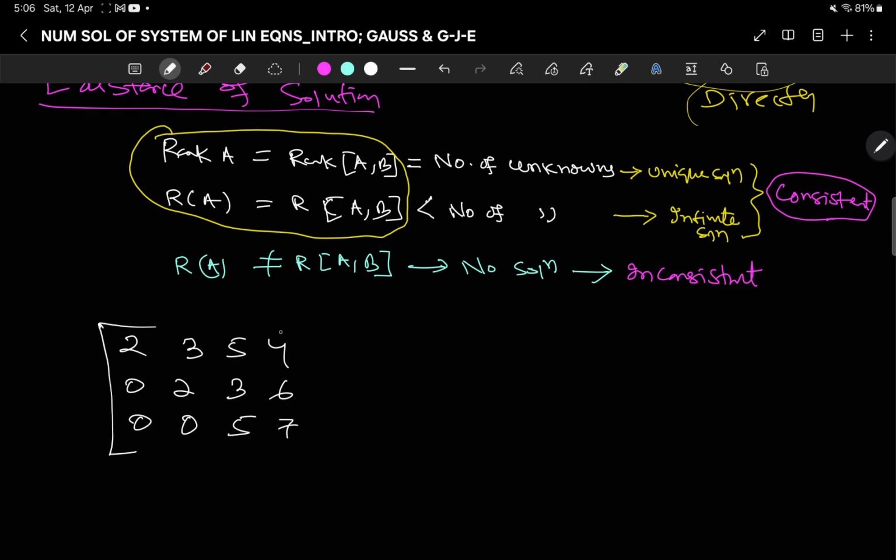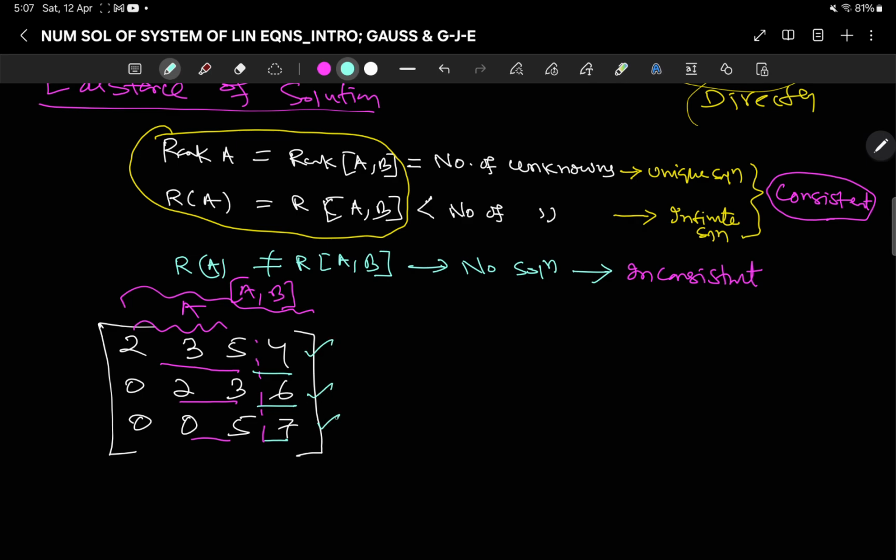Suppose after the reduction we get it like this. This is my A, and this together is my AB. Rank A is 3, and from the perspective of AB it is also 3, and the number of unknowns is 3. So it is a unique solution case. It will give you 5z is equal to 7.